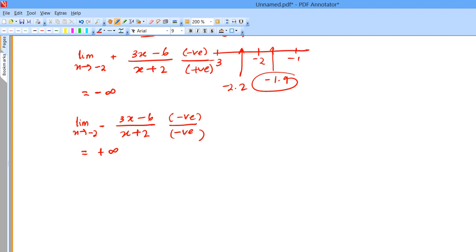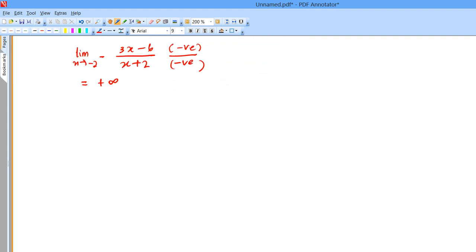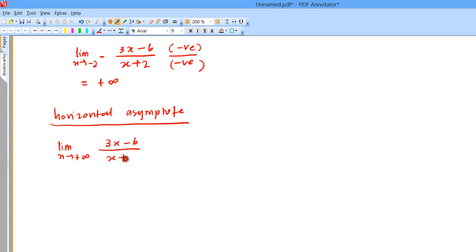Next is horizontal asymptote. Okay, horizontal asymptote is actually based on limit x approaches positive and negative infinity. So limit x approaches positive infinity, and then function (3x minus 6) over (x plus 2).